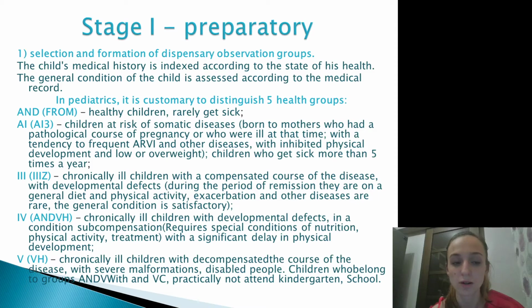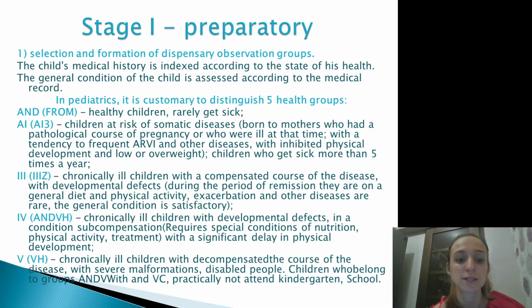The general condition of the child is assessed according to the medical record. In pediatrics, it is customary to distinguish five health groups. First, healthy children who rarely get sick.